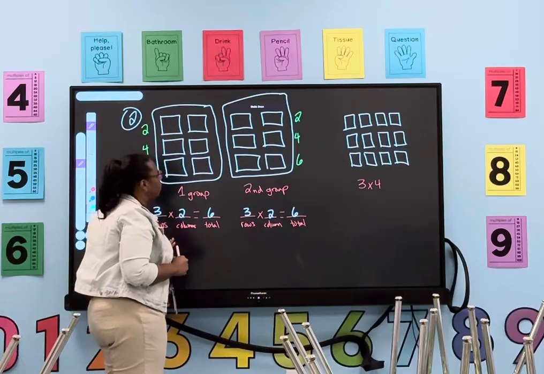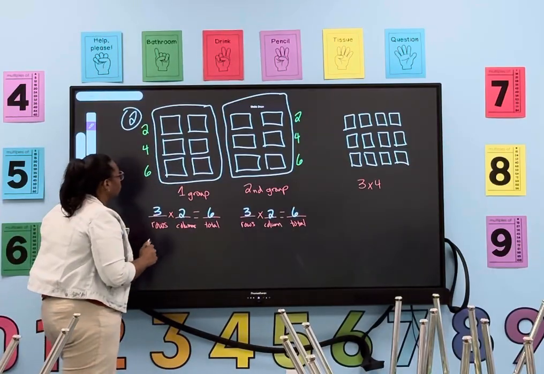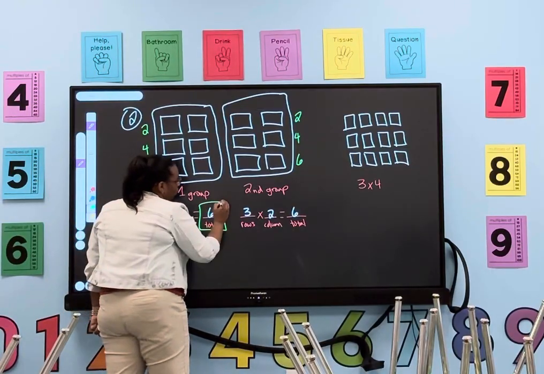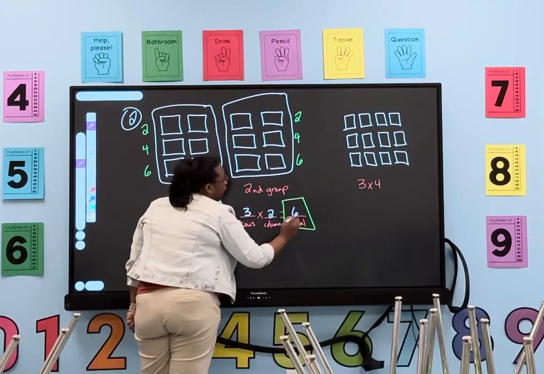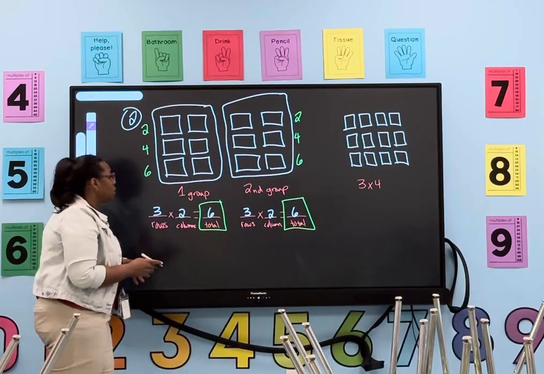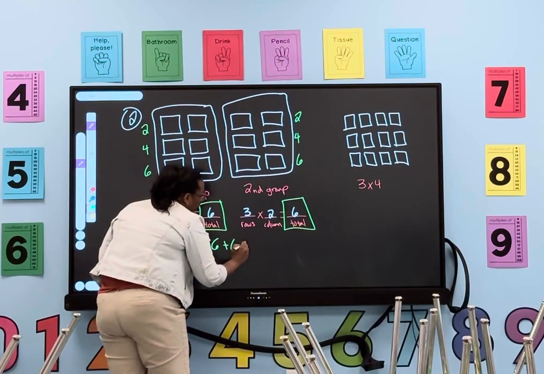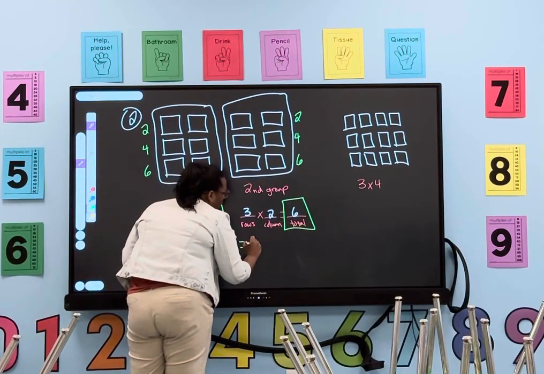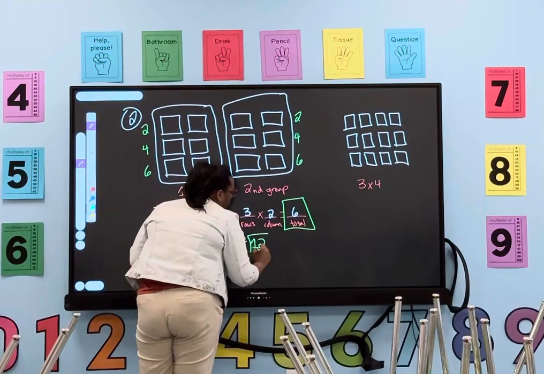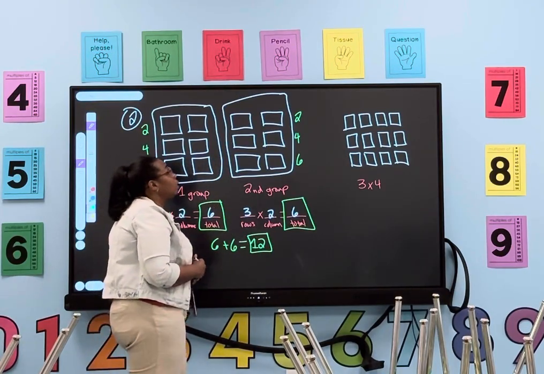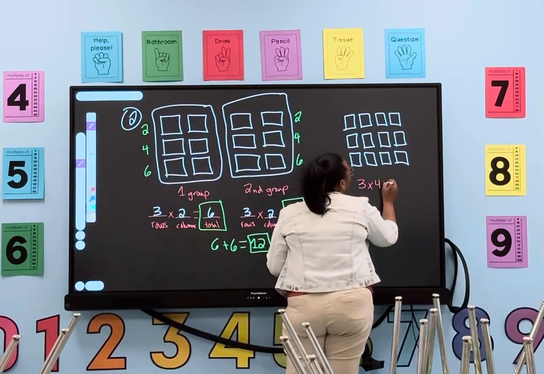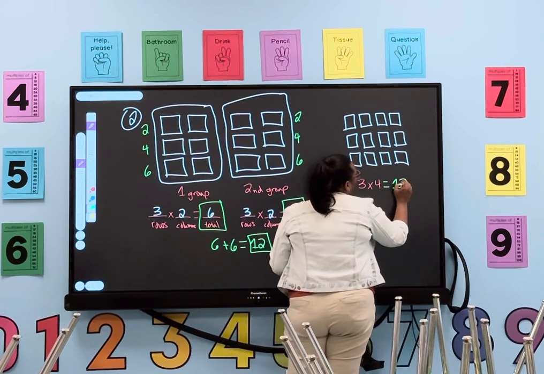In order to put it back together, you take your totals. This is one total, this is the second total, and you add them together. So this is going to be 6 plus 6, and this will give us a total of 12. So the answer for the bigger array is 3 times 4 is going to equal 12.